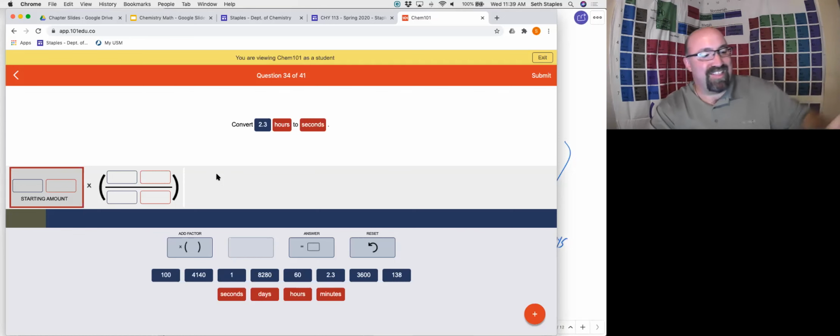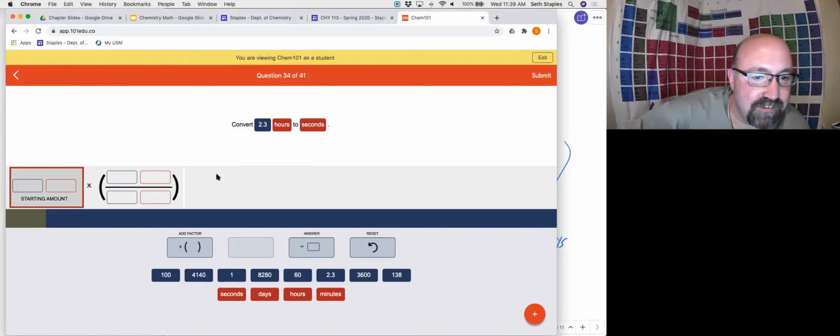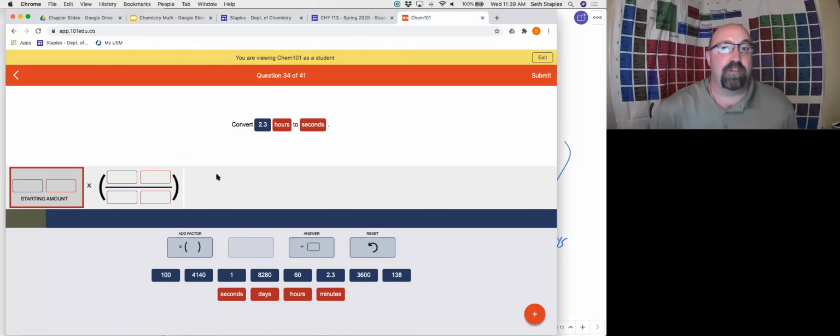And so one of the things that I like about Chem 101 is that it does have these dimensional analysis setups so that we can work with dimensional analysis and look at our conversion factors. And so we start here with our starting amount. And so our starting amount we're given is 2.3 hours. And so we're going to drag those in here.